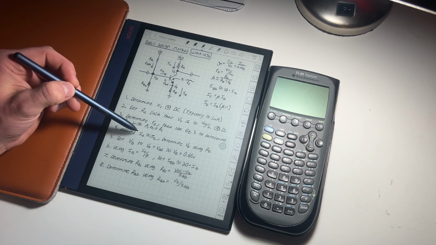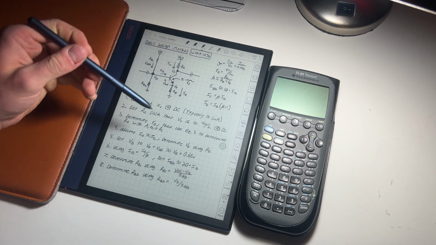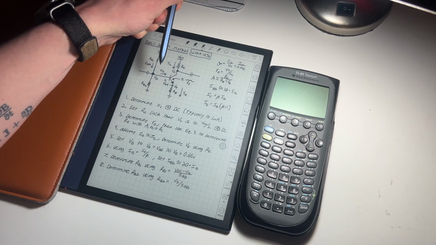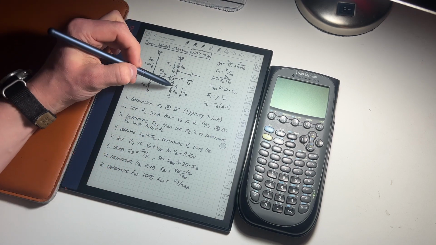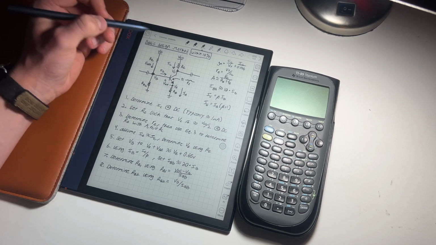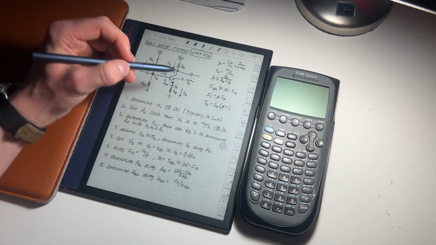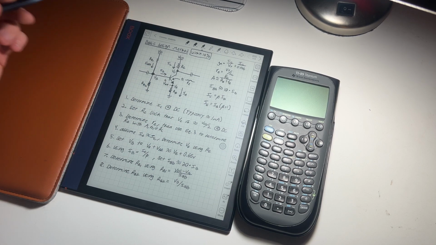Now, assume that IE, the current flowing through the emitter, is roughly equal to the current flowing through the collector. You can use this to determine the voltage at the emitter of the transistor using the big R sub E value that you found in step 3.